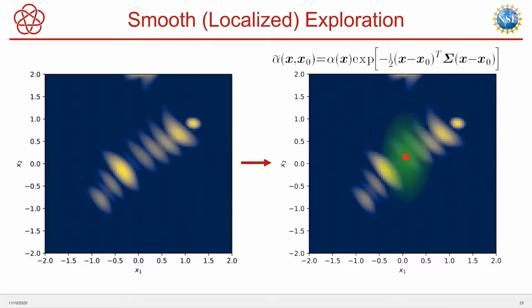And so in this case, what I propose is that instead of doing a hard cutoff, we simply weight the acquisition function by a Gaussian distribution dependent on the cost associated with changing each parameter. So in this case, I simply specify a length scale associated with each input dimension.